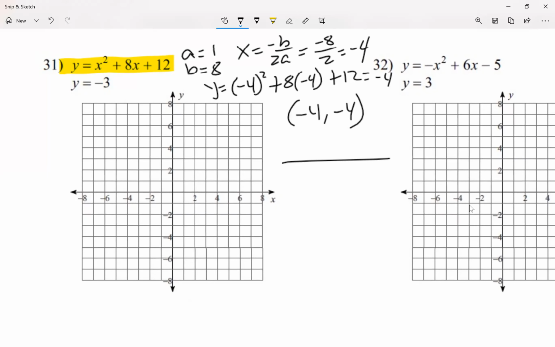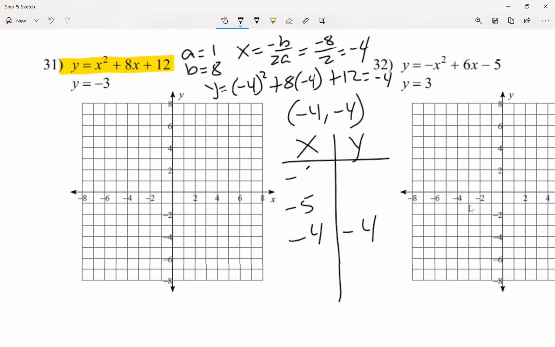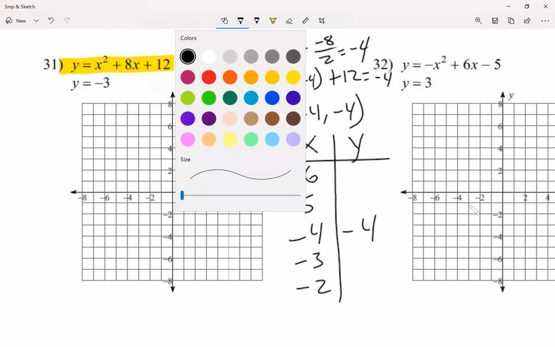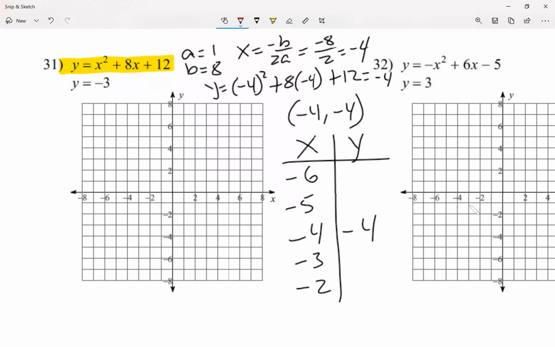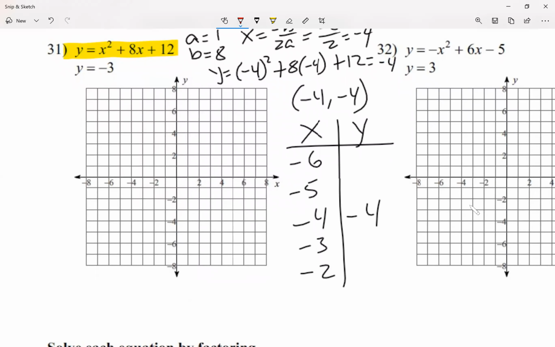I'm going to create a table. I'll put my vertex in the center. Let me choose two smaller values for x, so -5, -6. Let me choose two bigger values, -3, -2, and find the corresponding y values. In the first case, I can use -5 or -3.